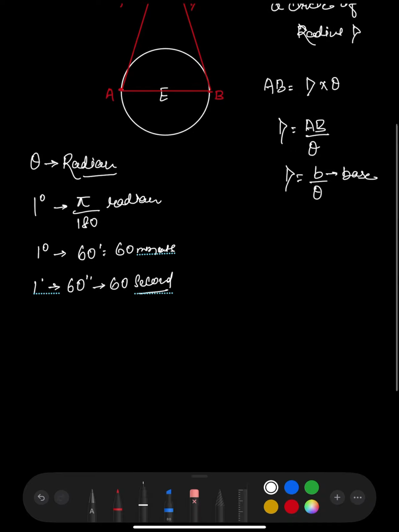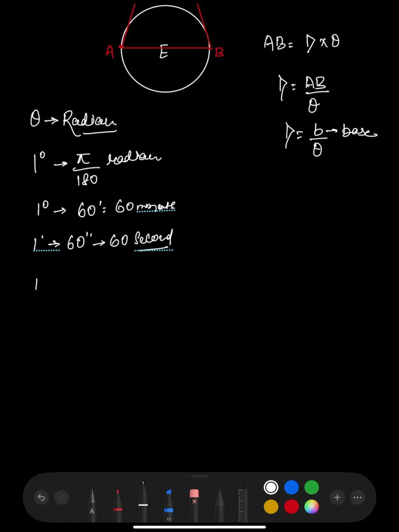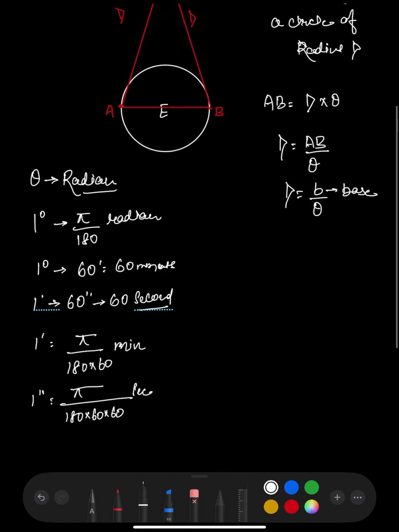So you can calculate accordingly. Here you can say 1 minute is equal to pi upon 180 into 60 radian, and 1 second is equal to pi upon 180 into 60 into 60 radian. These are the simple conversion formulas that I have explained.